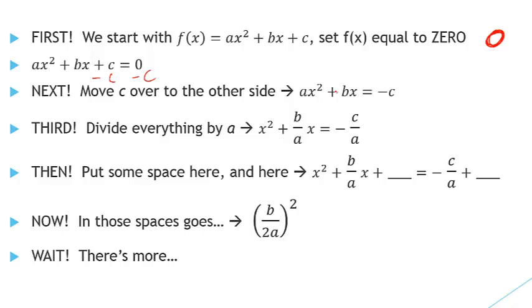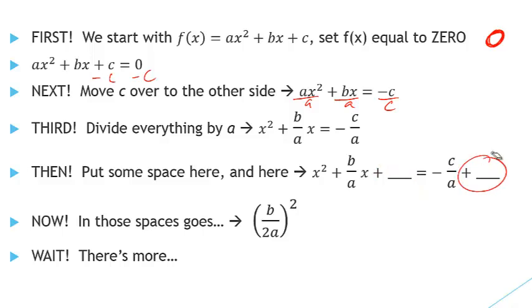Third, divide everything by a. So we divide ax squared by a, bx by a, and negative c by a. That gives us x squared plus b divided by a x equals negative c divided by a. Then, put some space here and here.